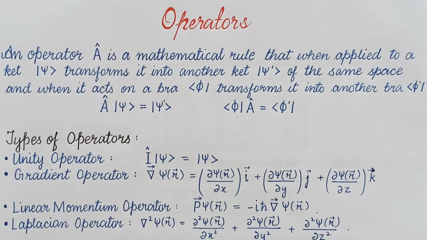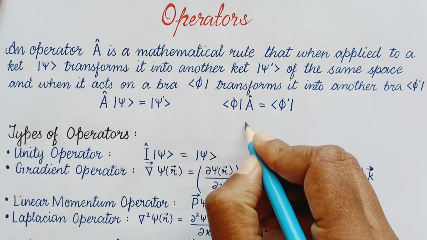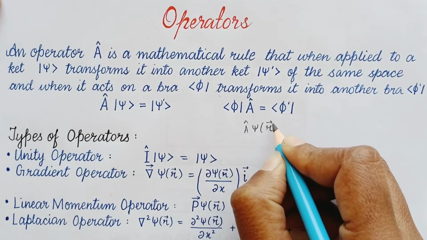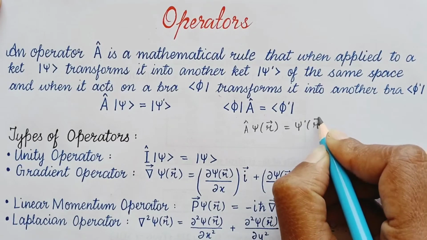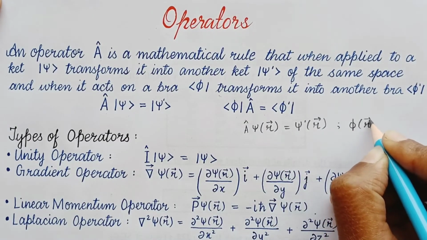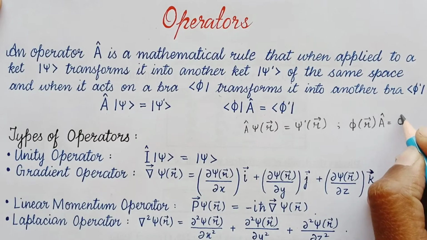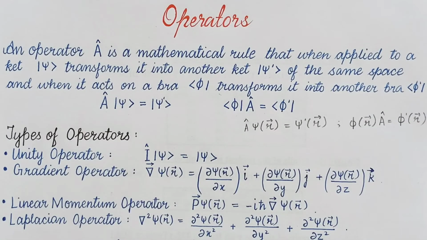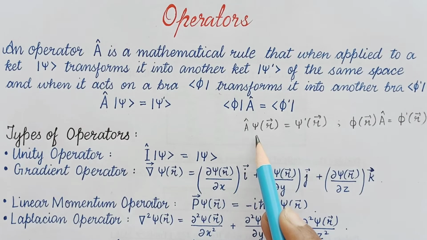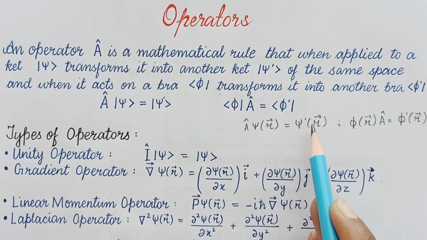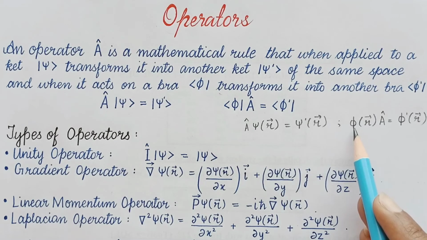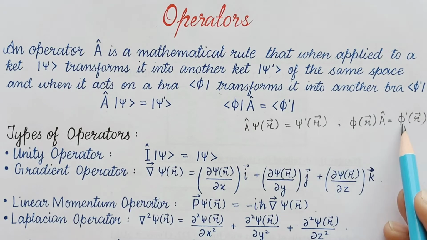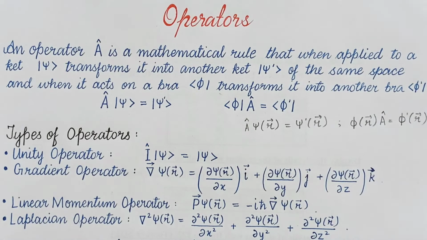Similarly, if we apply an operator on the wave function, that will produce another wave function and we will write it as A cap psi of r gives psi dash of r, and phi of r A cap gives phi dash of r. This is similar and we are applying it on the wave function.